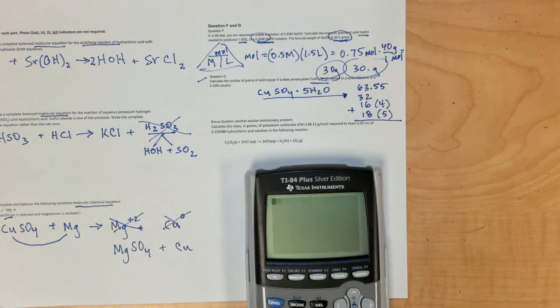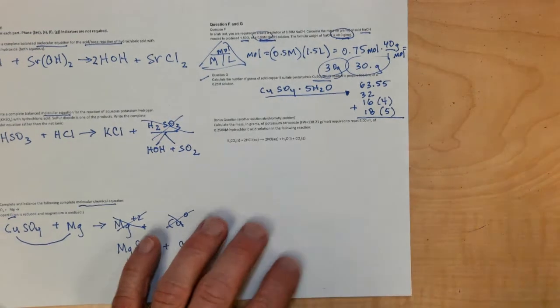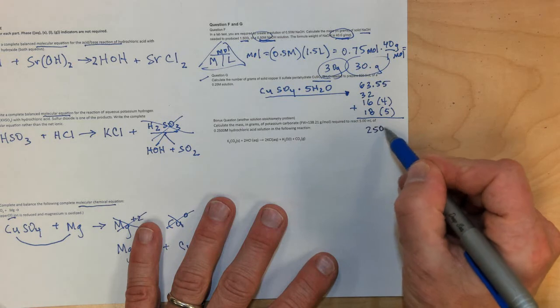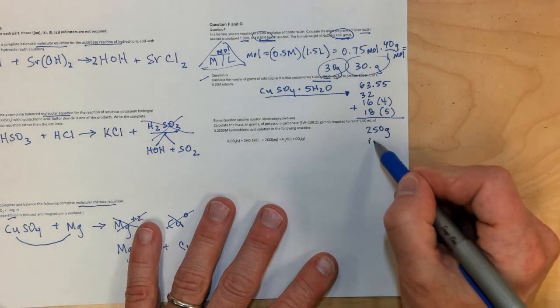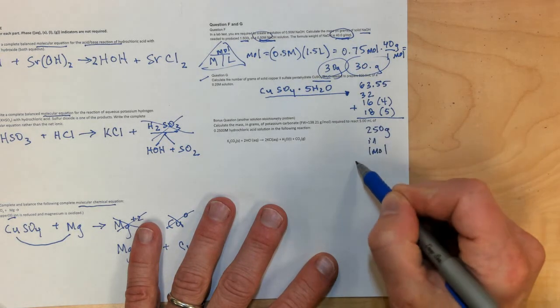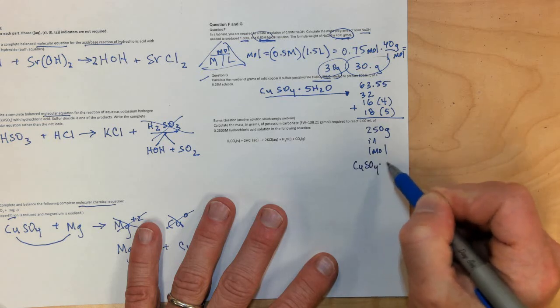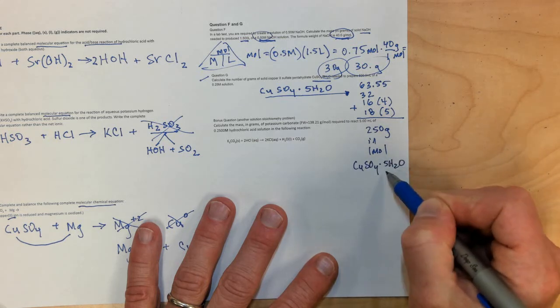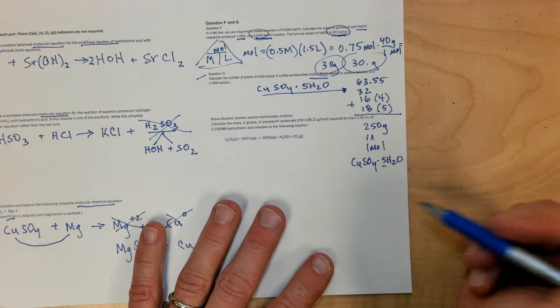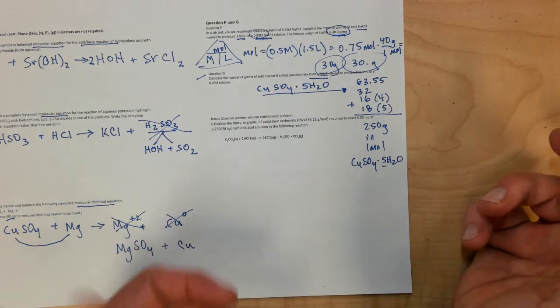So 63.55 plus 32 plus 64 plus 18 times 5. I end up with about 250. I'm going to round it to that to make it easy. 250 grams in 1 mole of the copper sulfate dot 5H2O. This is called pentahydrate because there are 5 waters, 5 meaning penta.